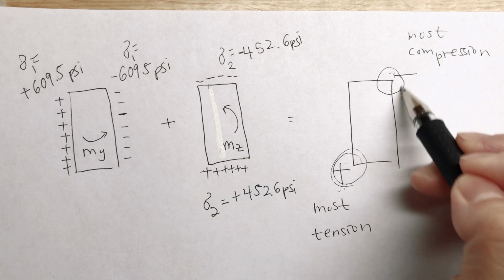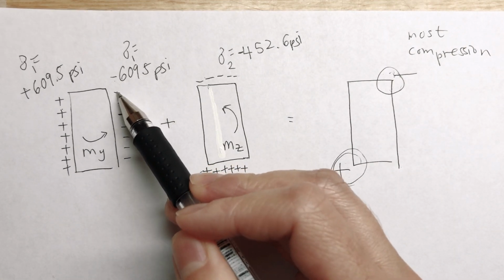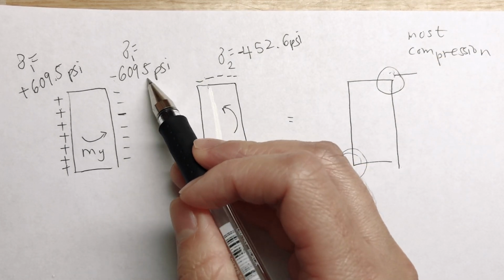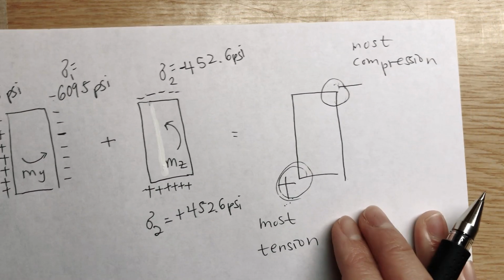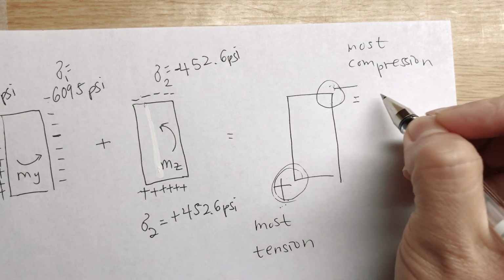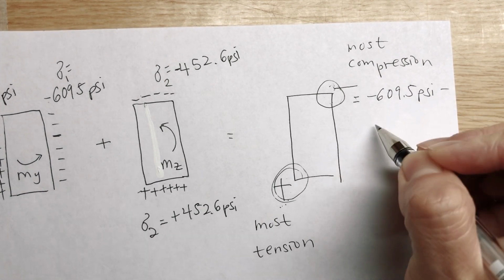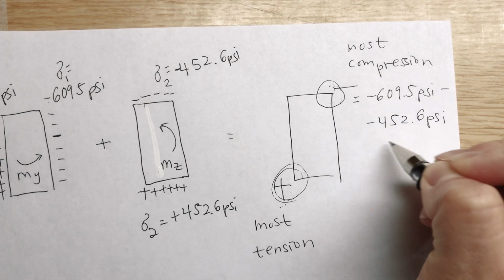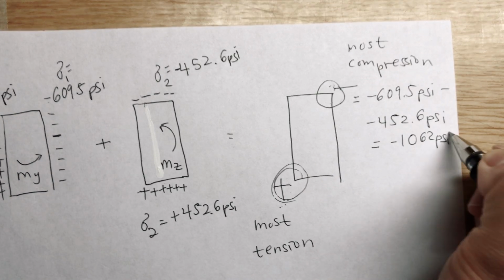So this point right here is just going to be negative 609.5 psi minus 452.6 psi, which equals negative 1062 psi.